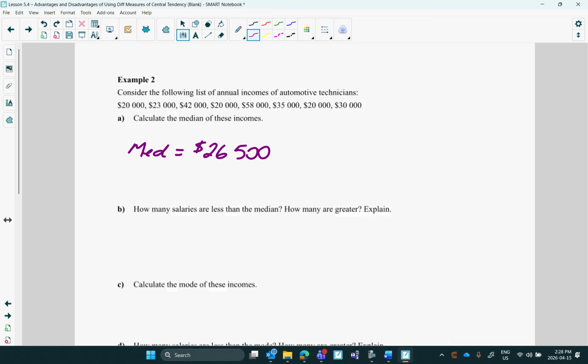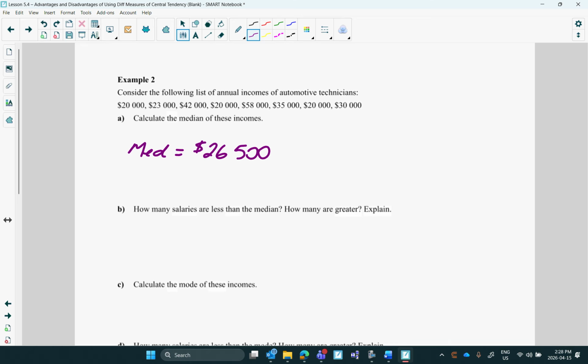And the second question is actually the definition of the median. The median is a number so that half of the data values are below and half are above. If you look, how many of these are below the median? 1, 2, 3, 4. How many are above? 1, 2, 3, 4, which gives us a good measure of center.